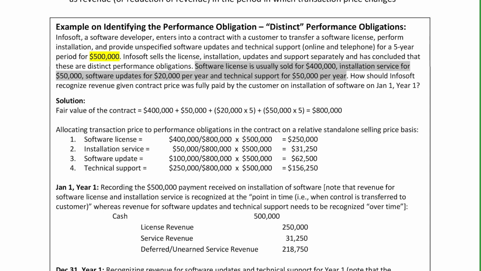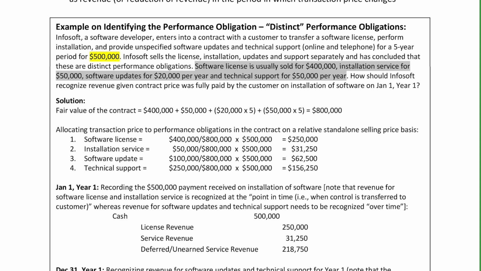The software license is usually sold for $400,000. Installation service, $50,000. Software updates for $20,000 per year, and they've got 5 years on this contract. Technical support for $50,000 per year. Again, they've got 5 years of technical support on this contract.